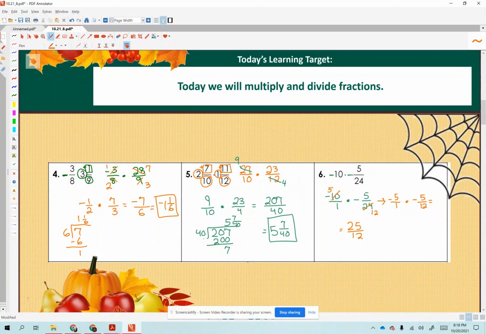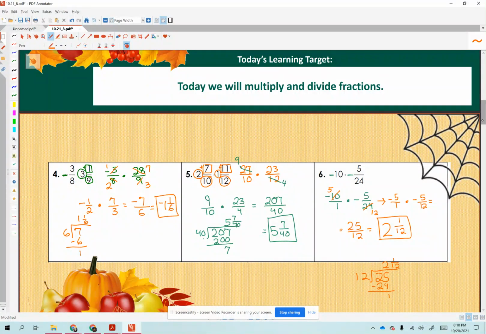And if we divide 25 by 12, I know that 12 times 2 is 24, which gives me 2 and 1/12 left over. So that's our final answer, 2 and 1/12 when expressed as a mixed number.